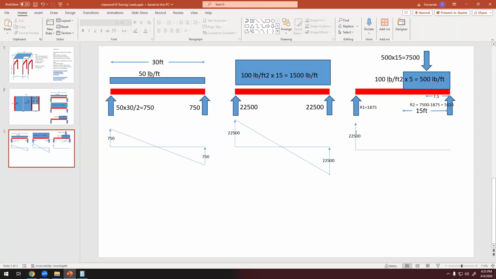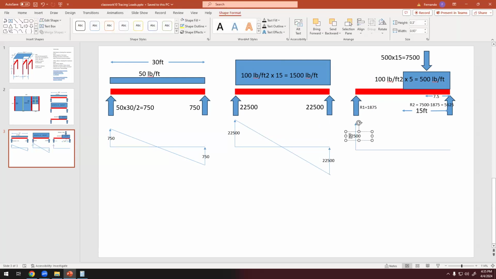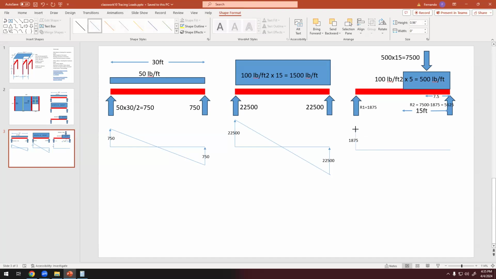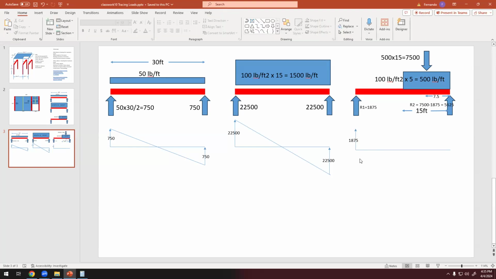What do we have here? First, we have an arrow going up. So this is 1,875. So it's bigger than the first one, smaller than the second one, something like that. And until we have this, there's nothing. So if there's nothing, the shear diagram is horizontal.